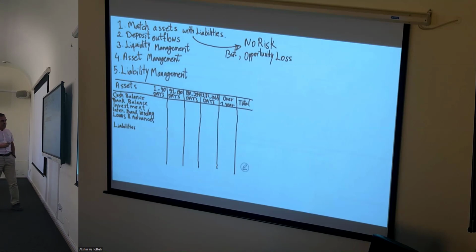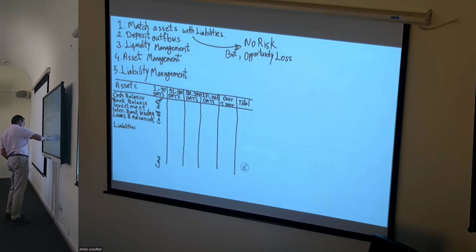So these are the assets that we might have. And they will give us what? They will give us the cash inflow, right? But we have also the cash outflow.